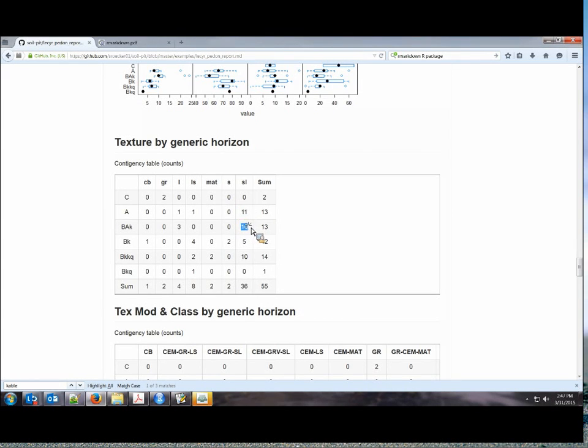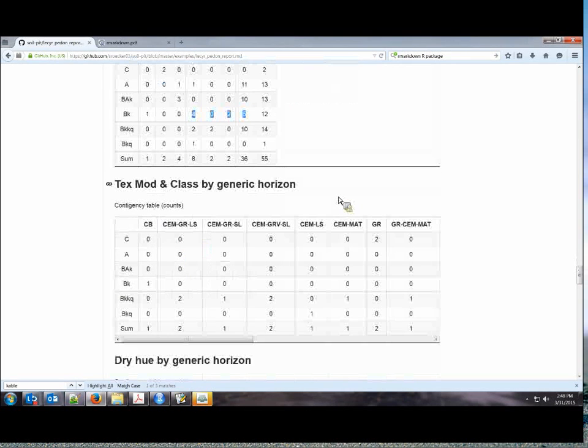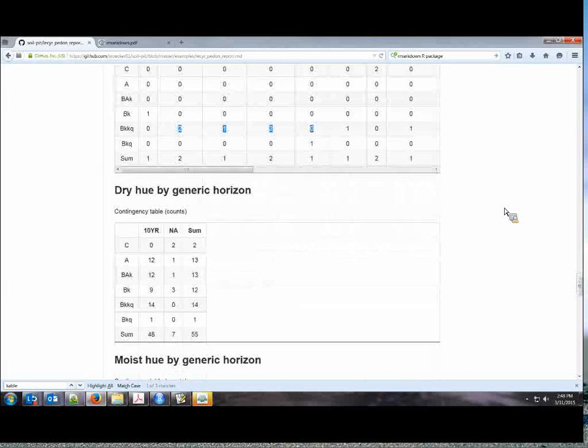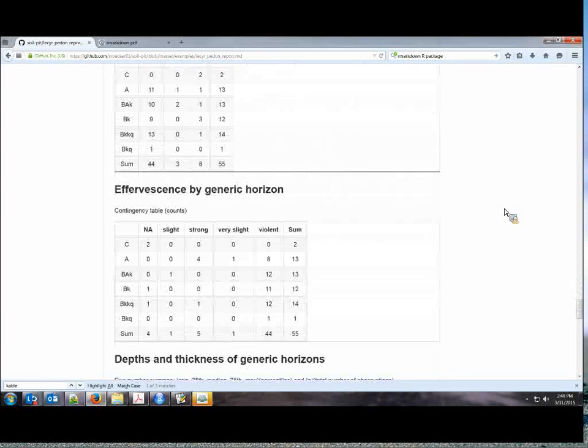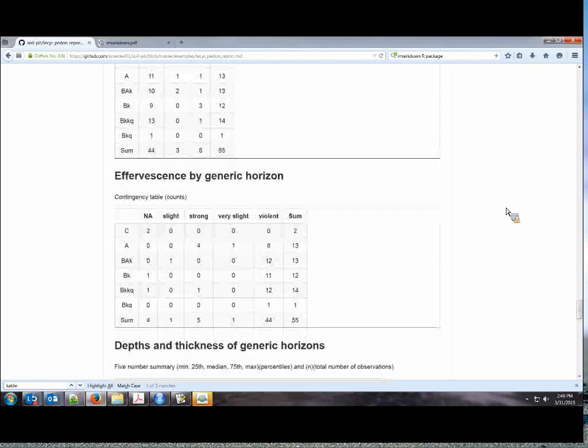Sandy loam. Once we get deeper, it gets a little bit wider. We go all the way to a loamy sand, to a sand, to sandy loam, and etc. This one down here just has the modifiers added on as well, so we get to see the different combinations of cemented and etc. Dry hues, moist hues, effervescence.